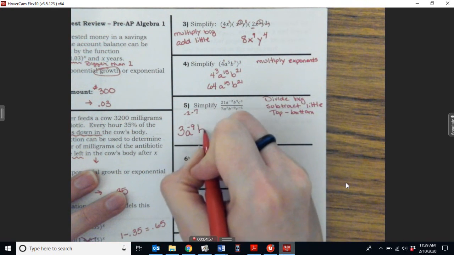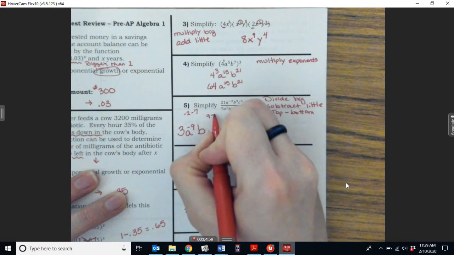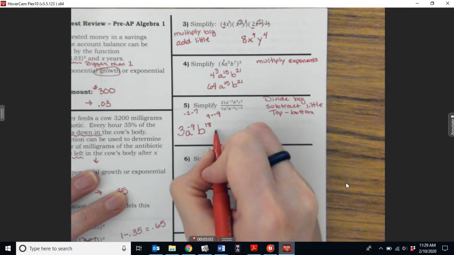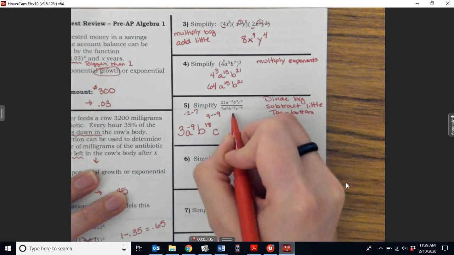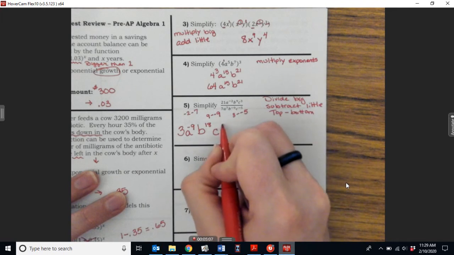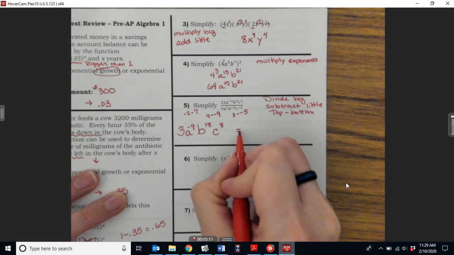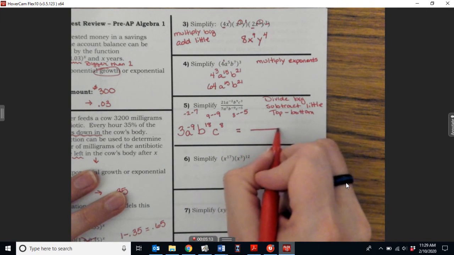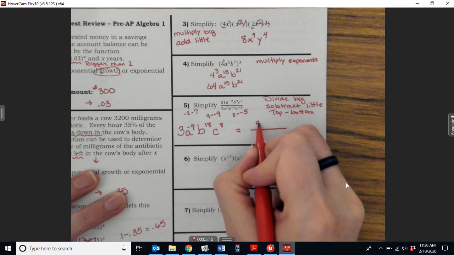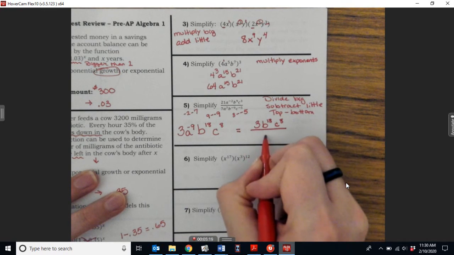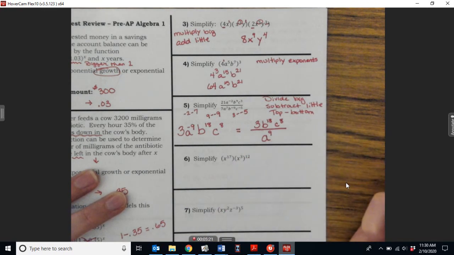And then I do my b's, and I have 9 minus negative 9, which becomes positive 18. And then my c's, I have 3 minus negative 5, which becomes 8. And then reminder that the negative exponent moves to the bottom. So on the top I have 3b to the 18th, c to the 8th. On the bottom I have a to the 9th.